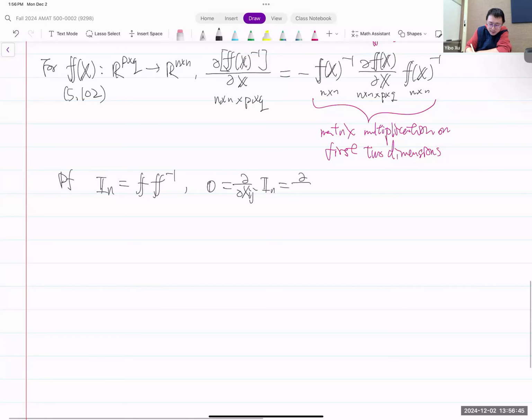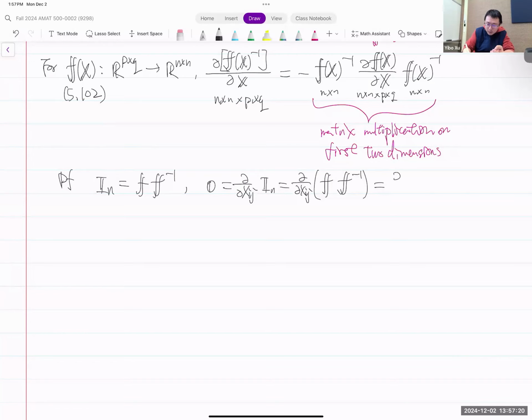And now the right hand side is del X_ij of F times F inverse. I have a matrix multiplication as a product. So of course, for matrix multiplication, I cannot really swap the order of multiplication. But when you do the partial, it's still going to follow the product rule: the partial of the first times the second, plus the first times the partial of the second, without changing the order of the multiplication.